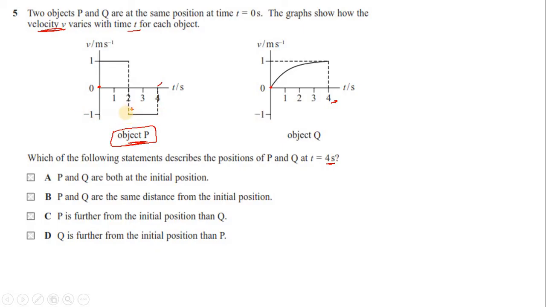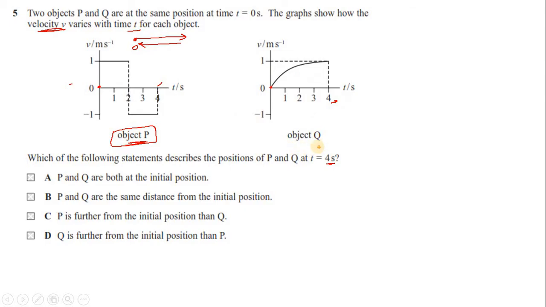This -1 velocity shows that the object is coming back with the same speed, and at 4 seconds P has reached its initial position. So you can visualize that this is the particle P at starting position O. It goes for 2 seconds and then returns after 2 seconds, so total 4 seconds. This is the meaning of that first graph.